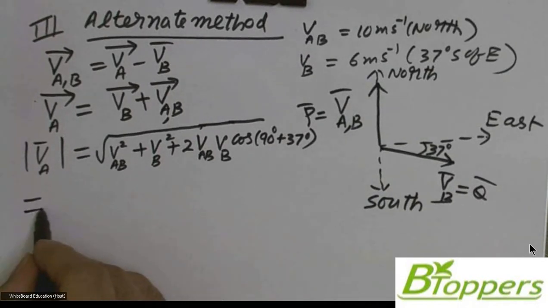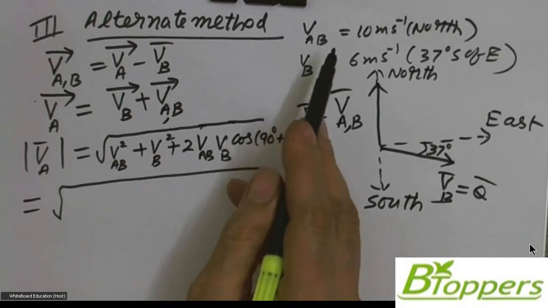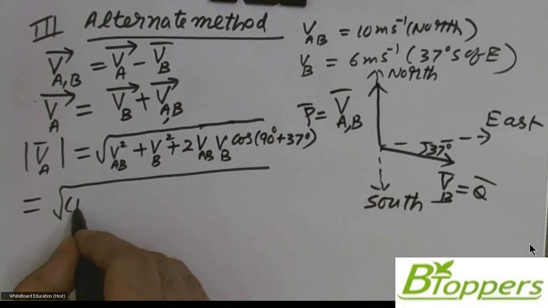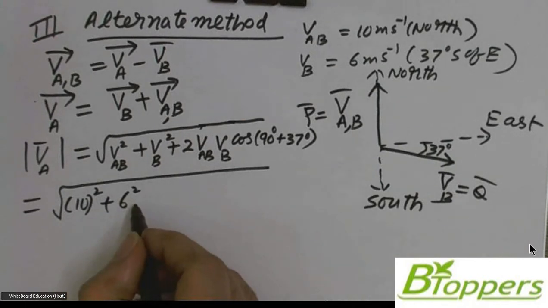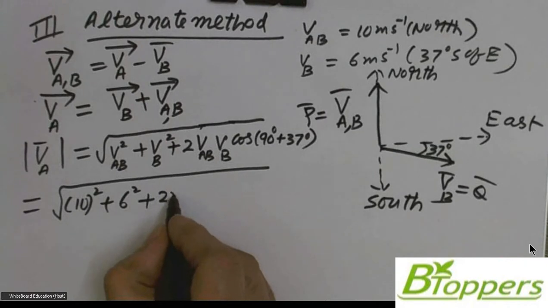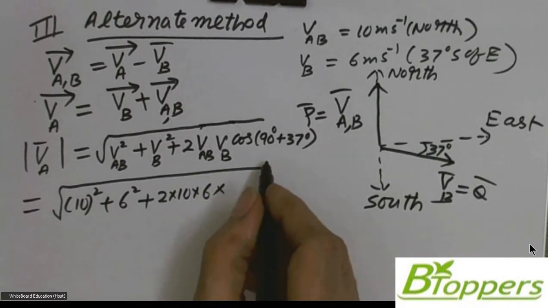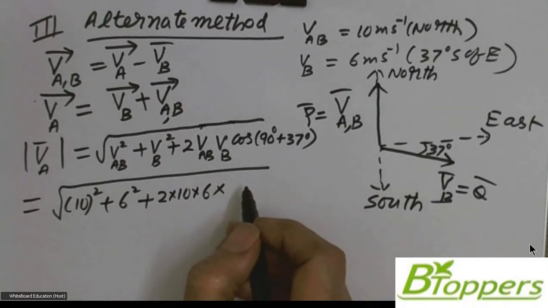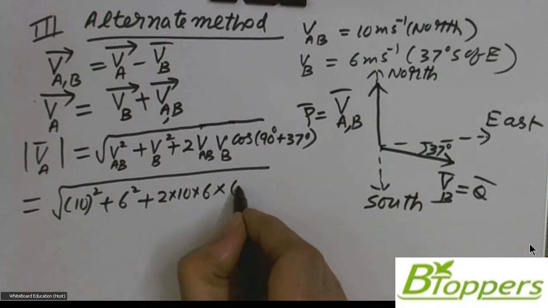The magnitude of VAB is given as 10 meters per second, and the magnitude of VB is 6 meters per second. Cos of 90 degrees plus 37 degrees will be minus sin 37 degrees.